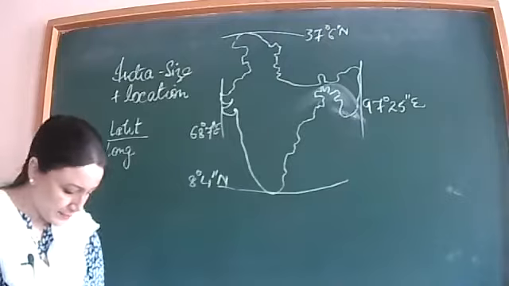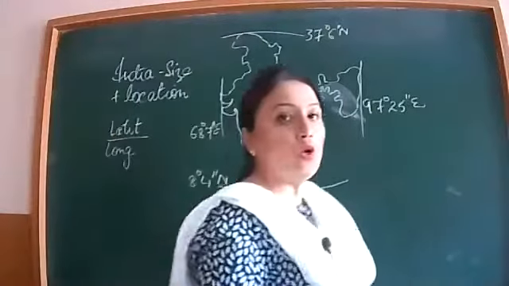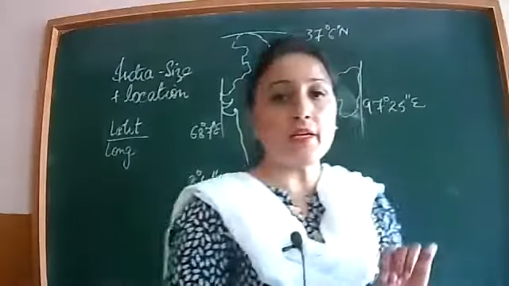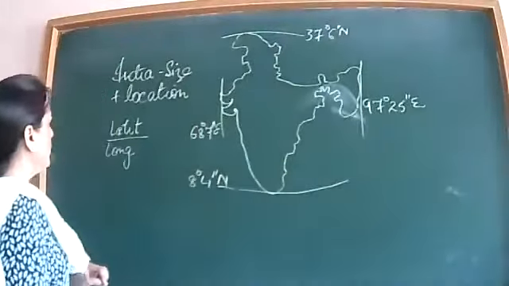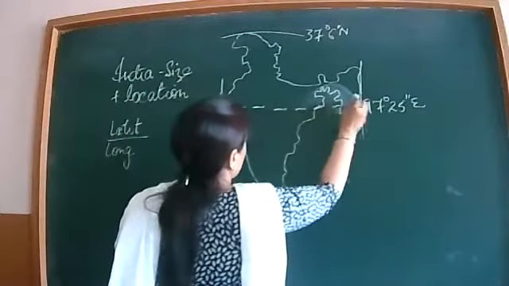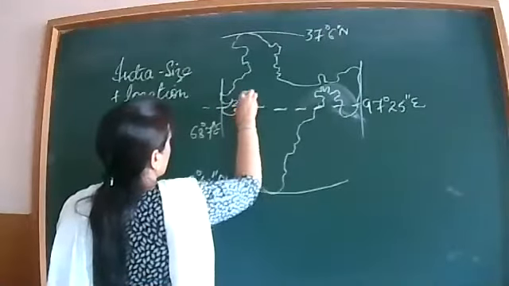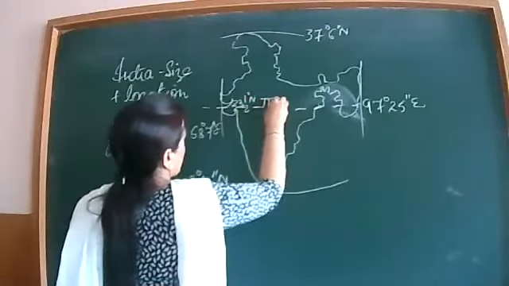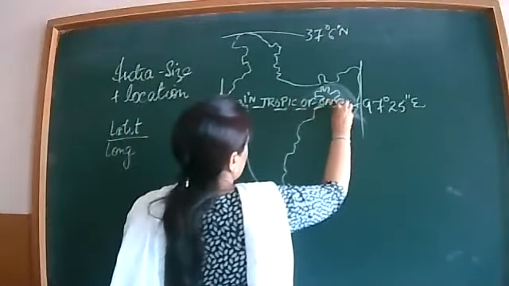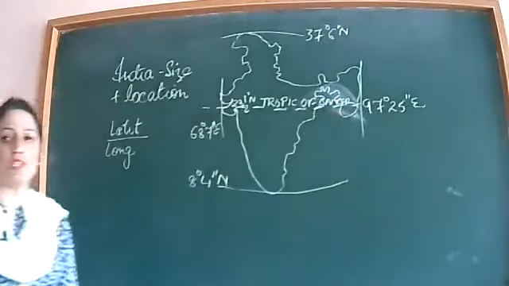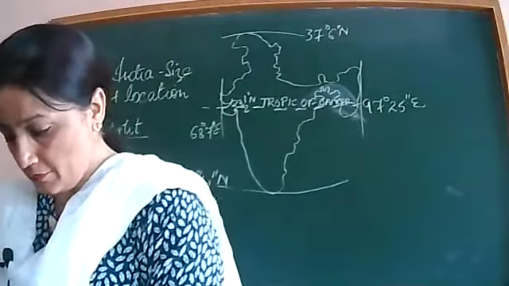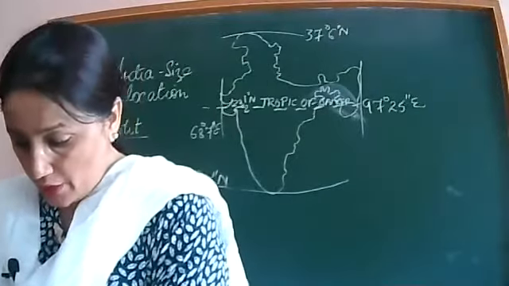Next is the important line of latitude which passes through the center of India: 23.5 degree north, the Tropic of Cancer. This is an important latitudinal line.